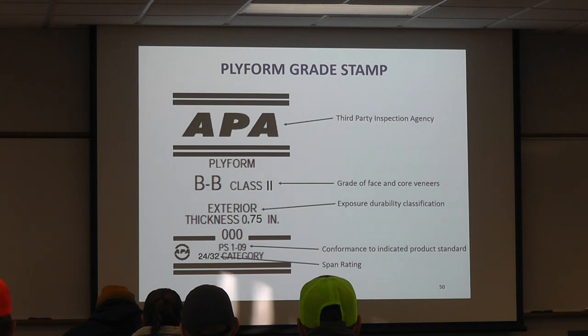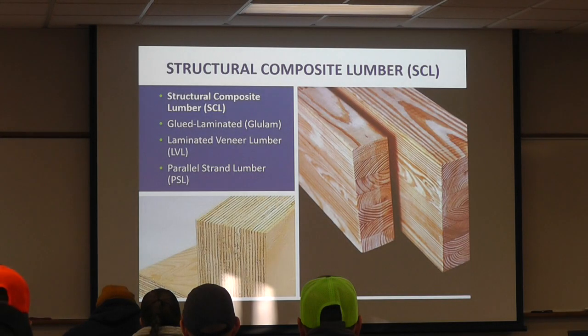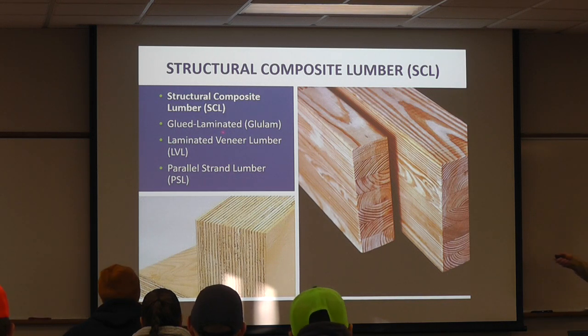So here's just some more information. Class 2 is the weakest grade of ply form that's actually produced. So be aware of some of the things that we have there. Those of you who have done a bit of construction may have come across some of these, the SCL, the glue lams, the LVLs, PSL. It's all kind of manufactured wood.